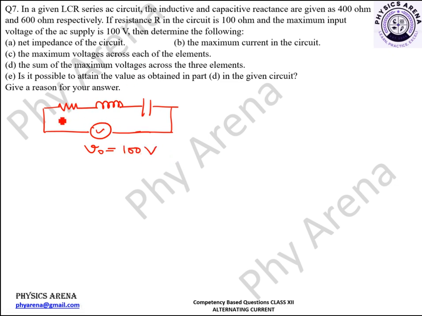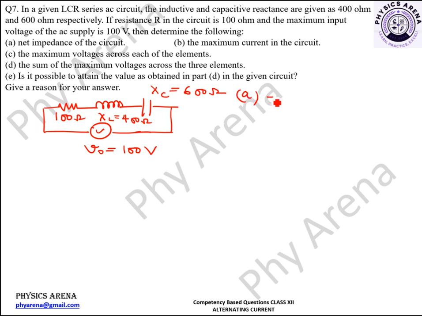The value of resistor is given as 100 ohm, and the value of L is not given, but XL, the inductive reactance, is given, equal to 400 ohm. Similarly, the value of C is not given, but XC, the capacitive reactance, is given, equal to 600 ohm. So we need to find the net impedance of the circuit in part A.